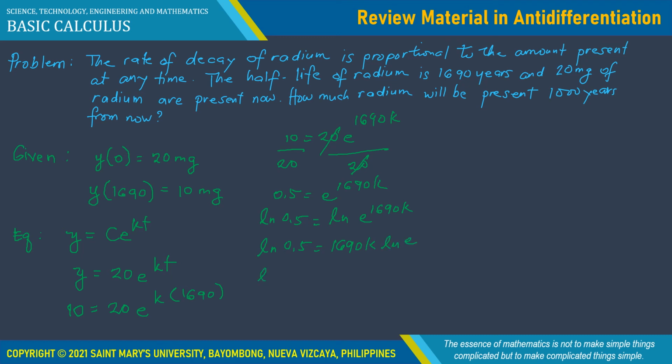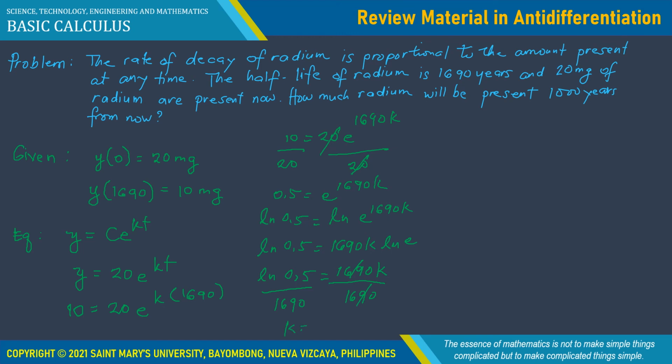So we have ln 0.5 is equal to 1,690k na lang, kasi alam natin ang value ng ln e ay 1. Okay, then to solve for k, divide both sides lang natin by 1,690. So makakancel na yan.